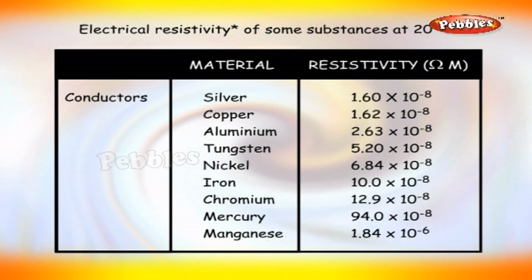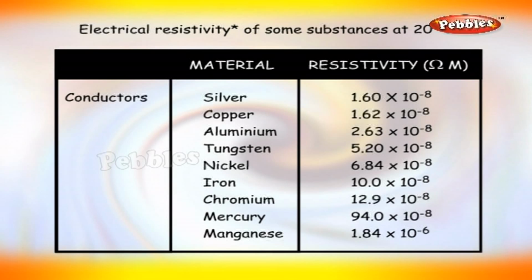Tungsten, 5.20 times 10 to the power minus 8. Nickel, 6.84 times 10 to the power minus 8. Iron, 10.0 times 10 to the power minus 8. Chromium, 12.9 times 10 to the power minus 8. Mercury, 94.0 times 10 to the power minus 8.